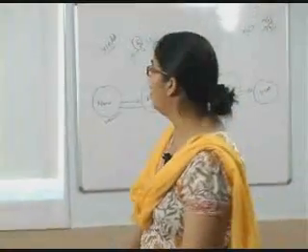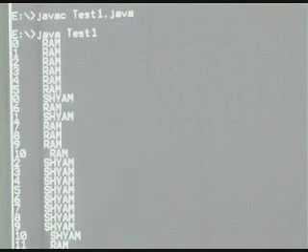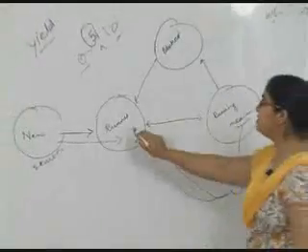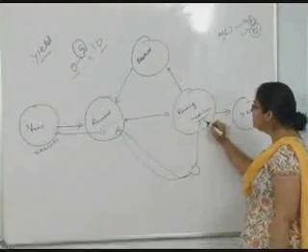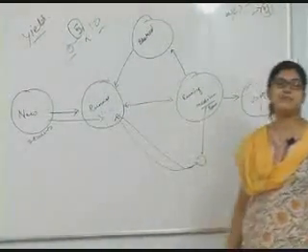Now, when the threads are of equal priorities, that means Ram has also got 10 and Sham has also got 10, what would happen in this case? Theoretically, Ram has entered over here, Sham has entered over here. Now Ram is running and running. But Sham has also got the highest priority.